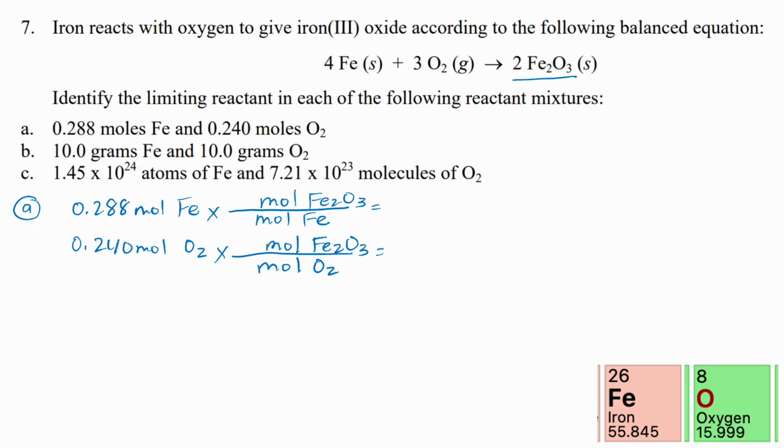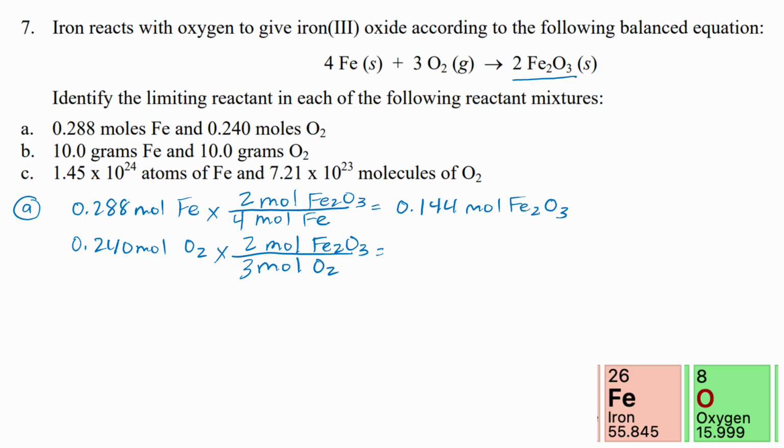So these are our mole ratios from the balanced chemical equation. 2 moles of Fe2O3, we have 4 moles of iron, and we have 3 moles of oxygen gas. So for our top equation with iron, we have 0.288 times 0.5. That's going to give us 0.144 moles of product that is being made.